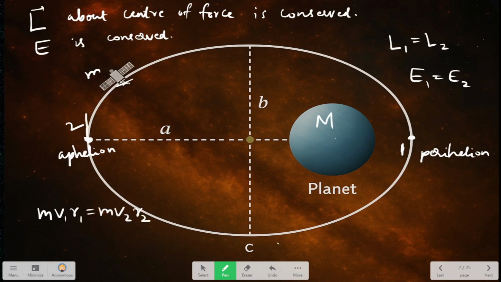Here this is V2, this is V1, and we know that when the satellite is nearest to the planet, then the influence the planet has on the satellite is maximum, and therefore V1 will be maximum. The force experienced by satellite will be least when it is farthest from the planet, and therefore V2 will be V min.